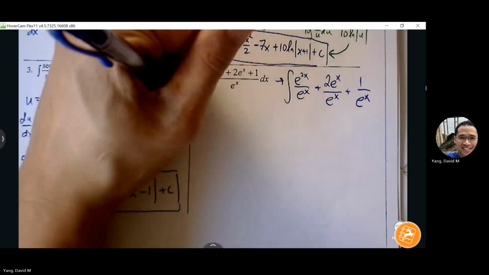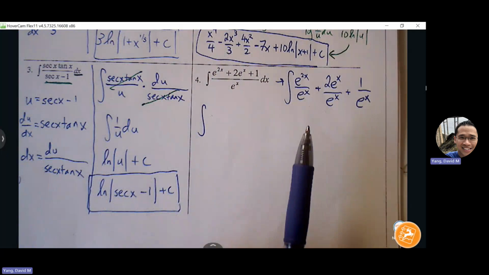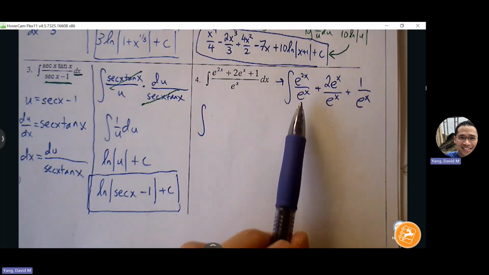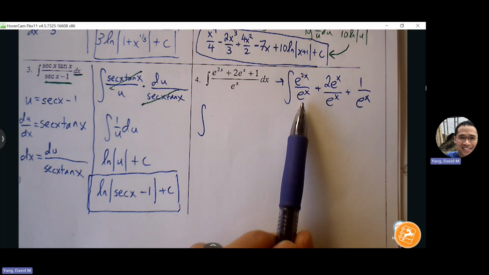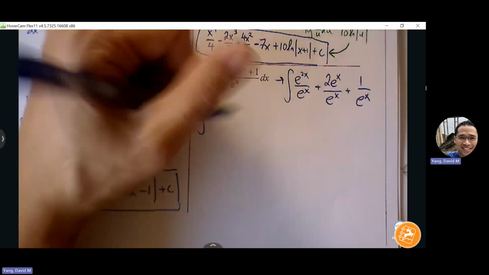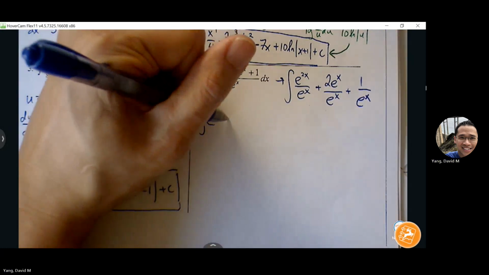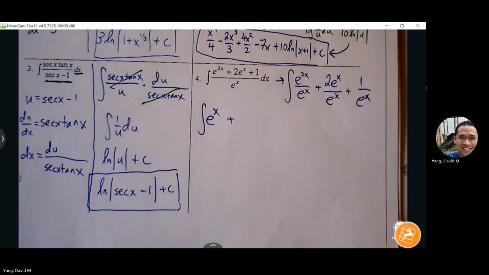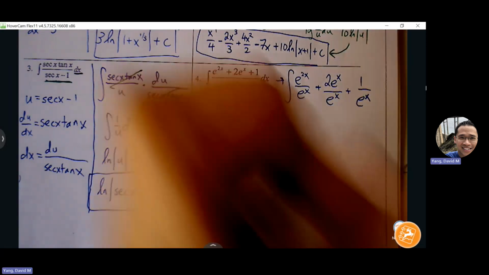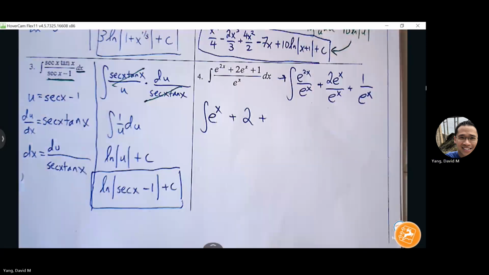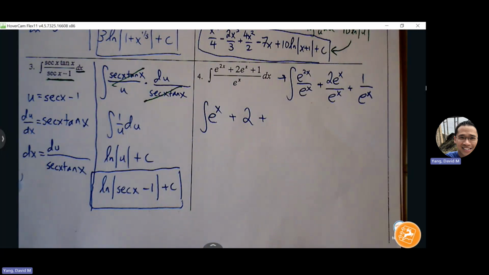Can you subtract it down? Yeah. So what does this clean up to be? To the x, and 2, right? Just whatever, e to the x.